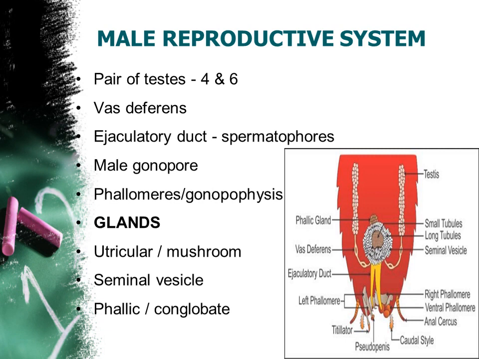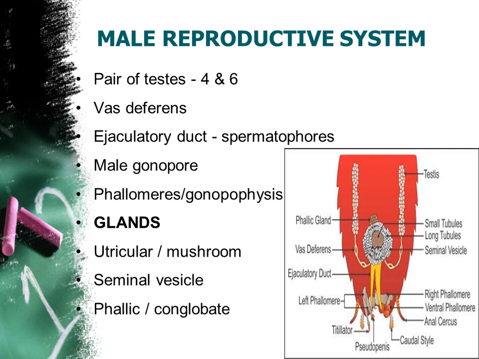Okay, but it does not open directly into the ejaculatory duct. Can you watch the vas deferens? It is present along with the ejaculatory duct, right? So through this it will open into the ejaculatory duct. Then the ejaculatory duct opens as the male gonopore. It is the male genital opening, the male gonopore, right?